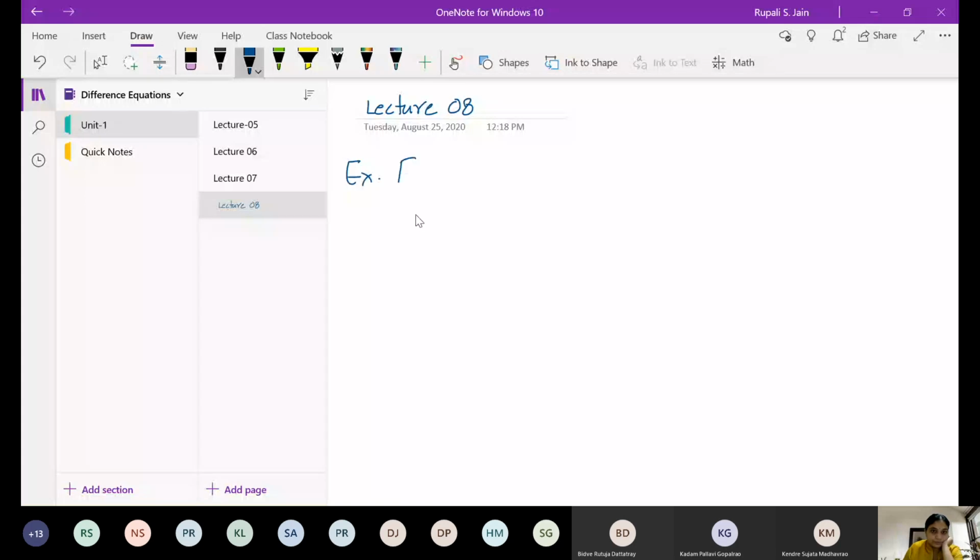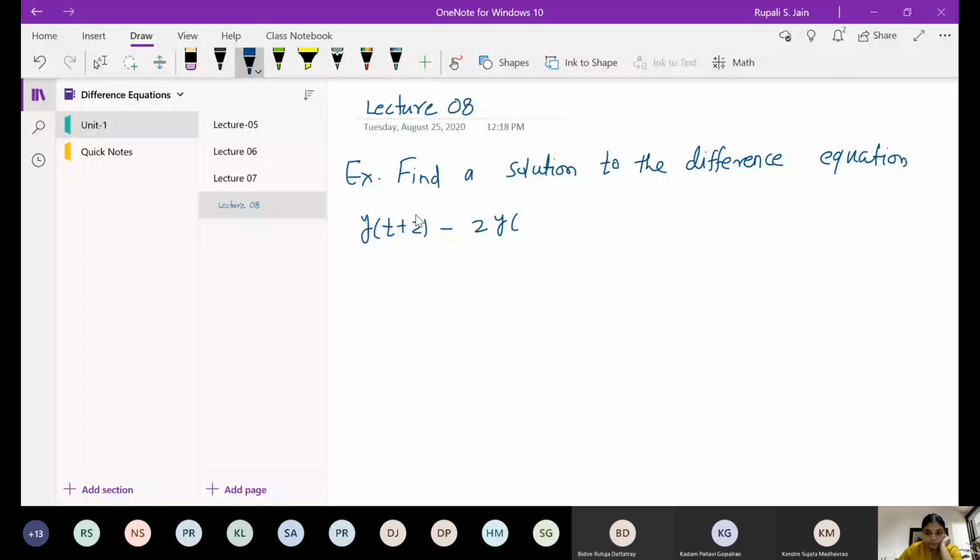Find a solution to the difference equation y at t plus 2 minus 2 times y at t plus 1 plus y at t is equal to t into t minus 1.